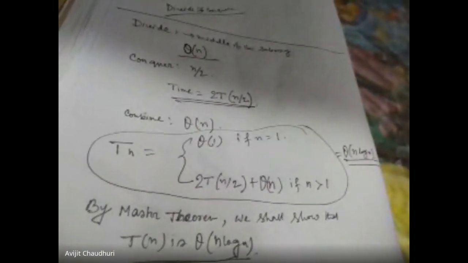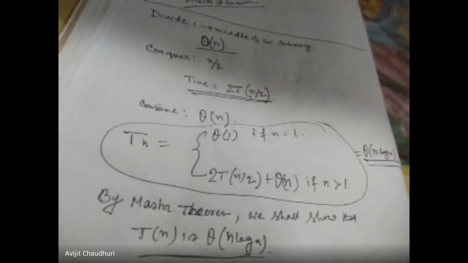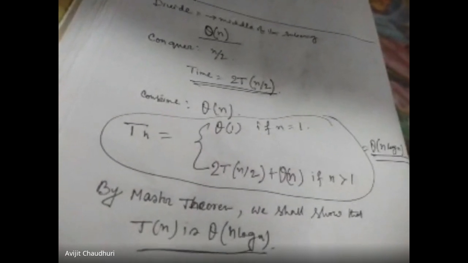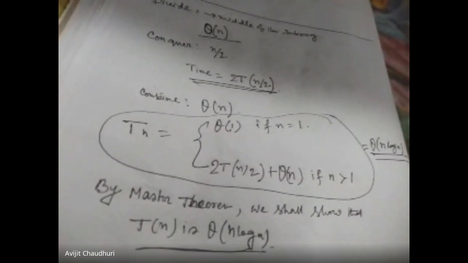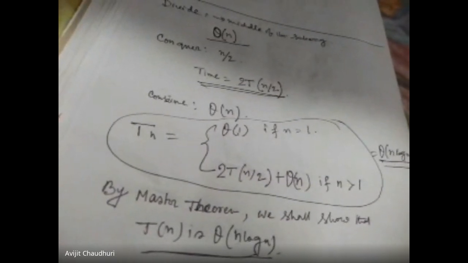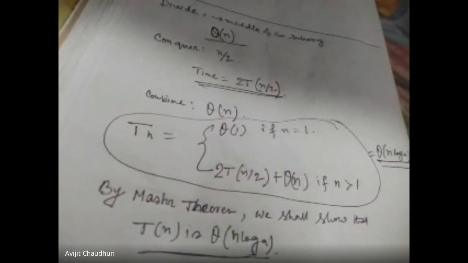Sir, can you show the whole thing? Yes. So in that case, the merge sort here outperforms insertion sort. In insertion sort, the time requirement was big O of n square. Here it is theta of n log n, which is much less than n square. And this is also the worst case, because we are dividing all n elements.